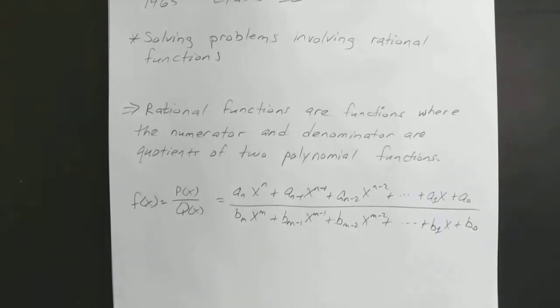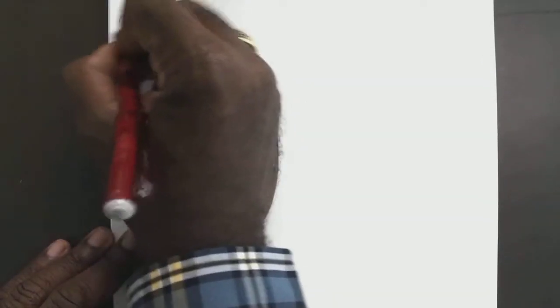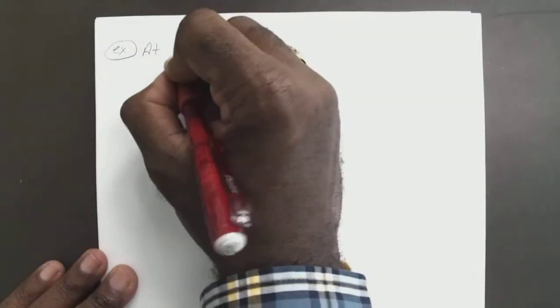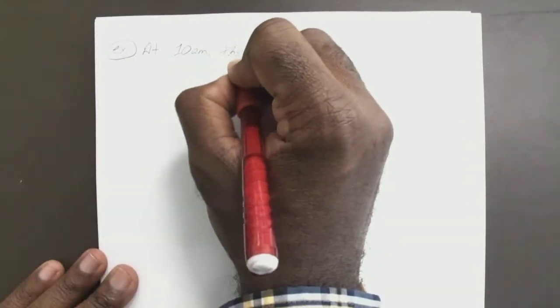All right, so for example, okay, let's say if we had at 10 a.m., let's say there are 115 performers.